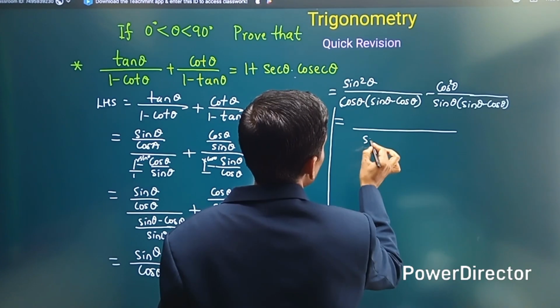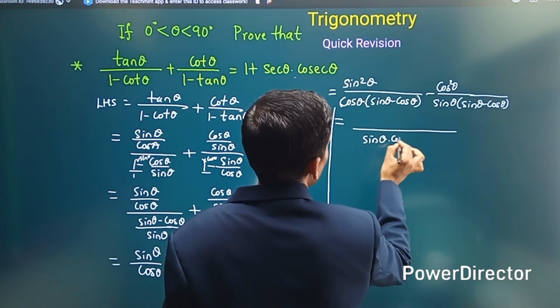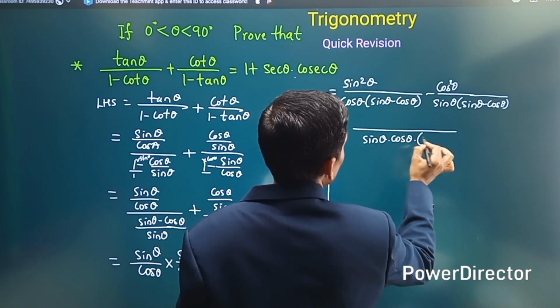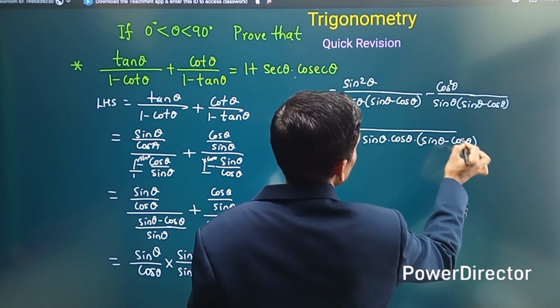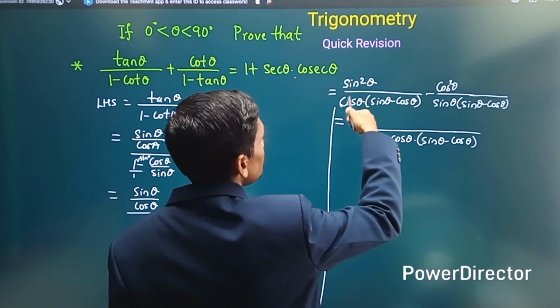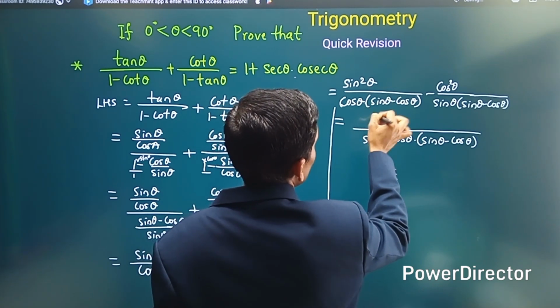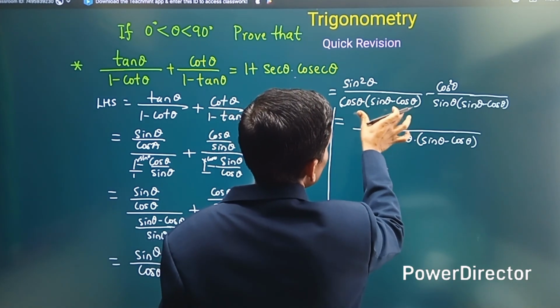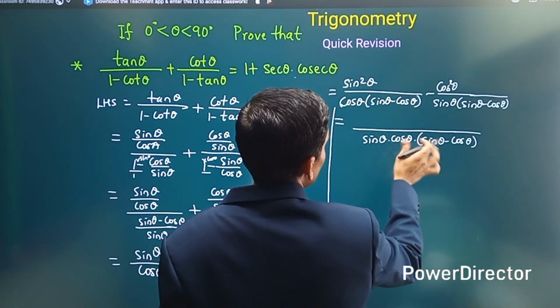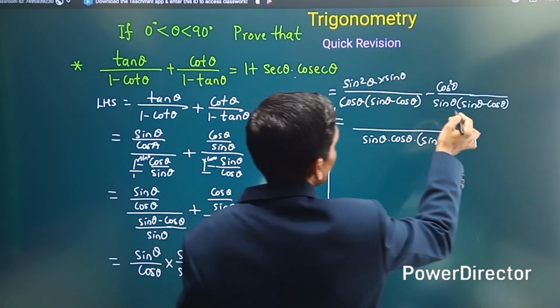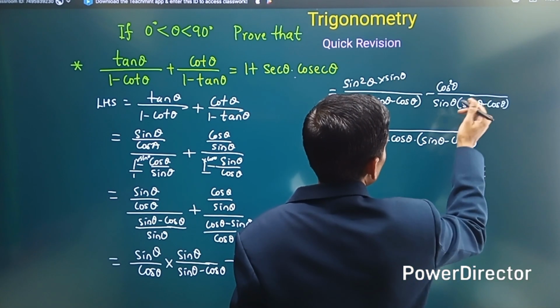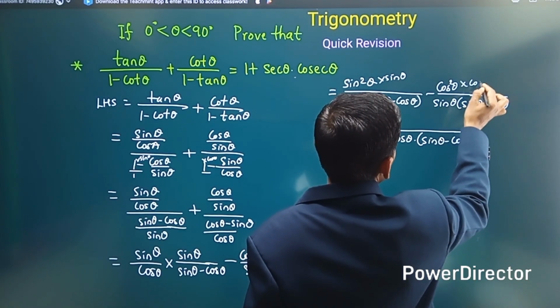Total if you multiply, sin theta cos theta into the bracket, this is common, sin theta minus cos theta, right? Now what you have to do is you multiply this here. This factor into what is equal to this LCM, and this into cos theta, right?